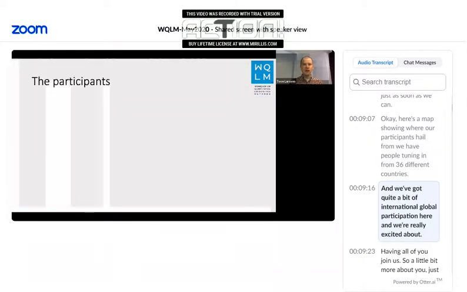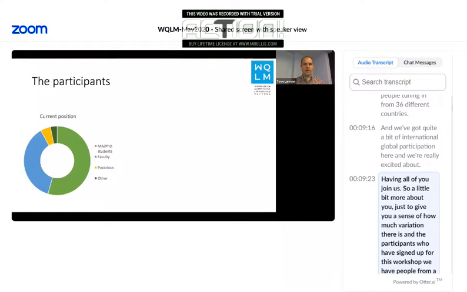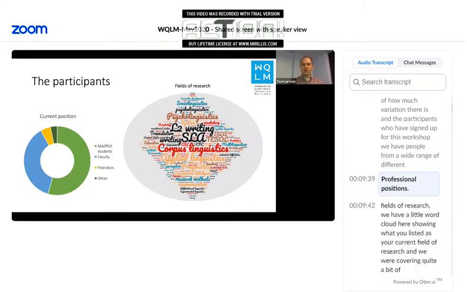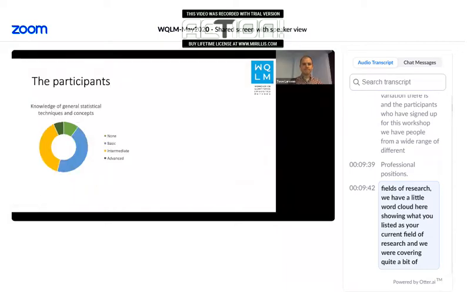So a little bit more about you, just to give you a sense of how much variation there is in the participants who have signed up for this workshop. We have people from a wide range of different professional positions. Fields of research, we have a little word cloud here showing what you listed as your current field of research, and we're covering quite a bit of the spectrum of different areas within linguistics and applied linguistics and some other areas as well.